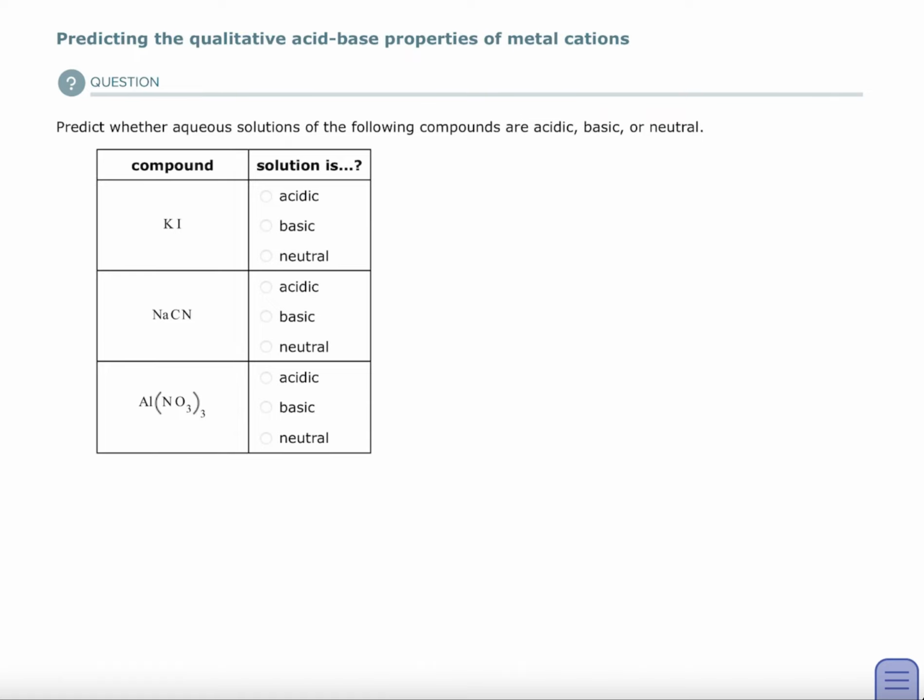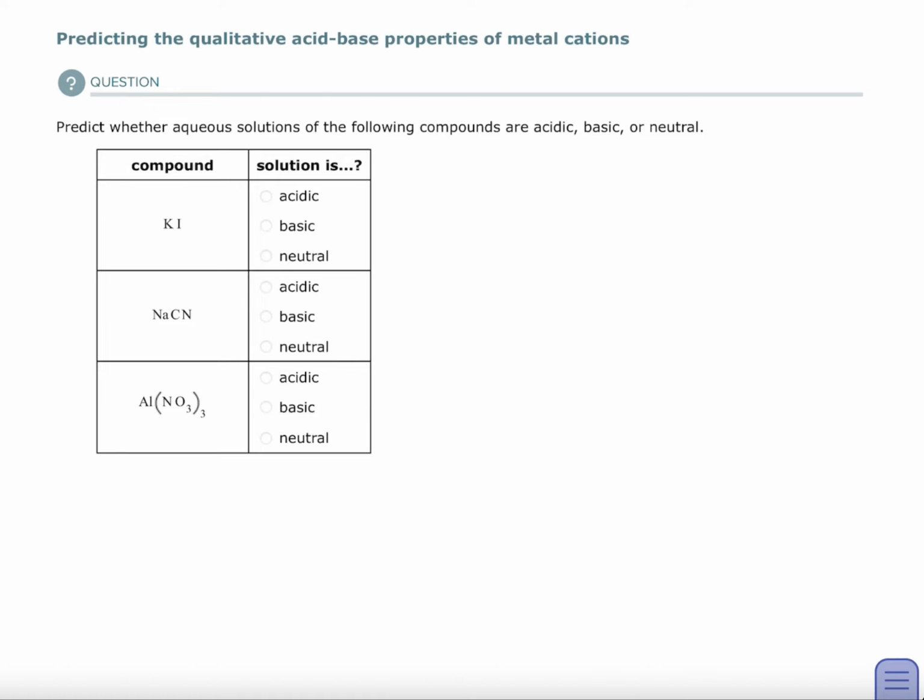So what else? If the conjugate acid is strong, it doesn't do anything. In this case, the iodine wouldn't do anything. So that's the first thing to look at. If the conjugate acid is weak, then it will be slightly basic, because it's going to itself be a weak base. So the conjugate base of a weak acid is a weak base.